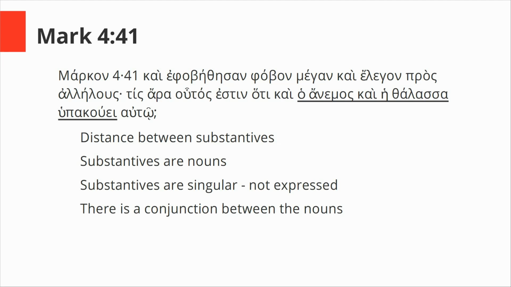There is a conjunction between the nouns. That conjunction here is kai, and the verb hypakouei is singular. And that's important because we want a compound subject with a singular verb. Alright, there's one other feature which you may have spotted, which I haven't mentioned, which is that both nouns are articular.